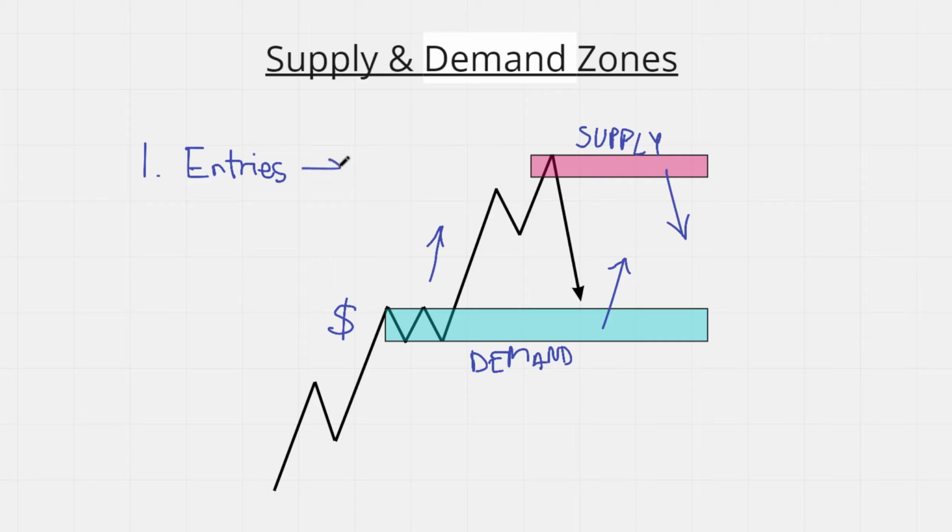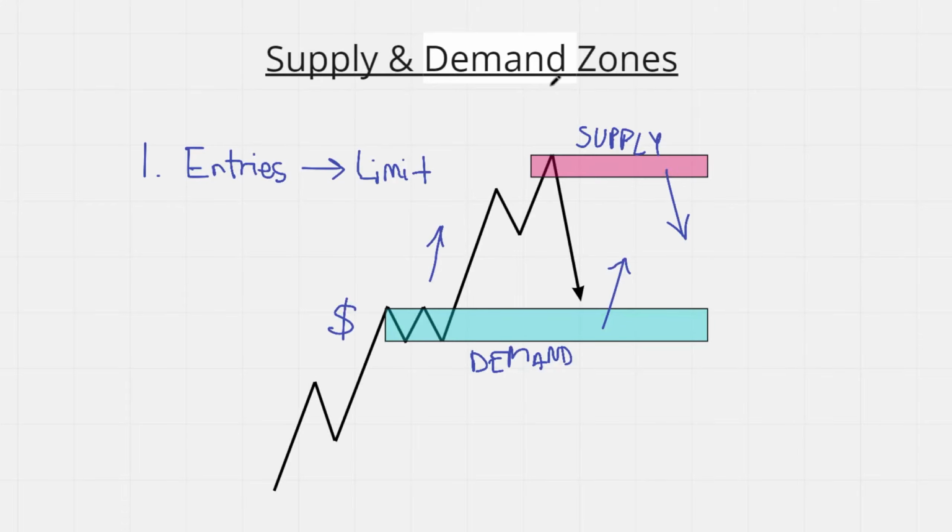And this is why a lot of traders might trade supply and demand zones by using a bunch of limit orders. And a limit order is set automatically so that you don't have to manually execute a trade, and they would set it near or in the middle of a potential demand zone or supply zone, and that's where they would look to buy or sell if it gets retested again.